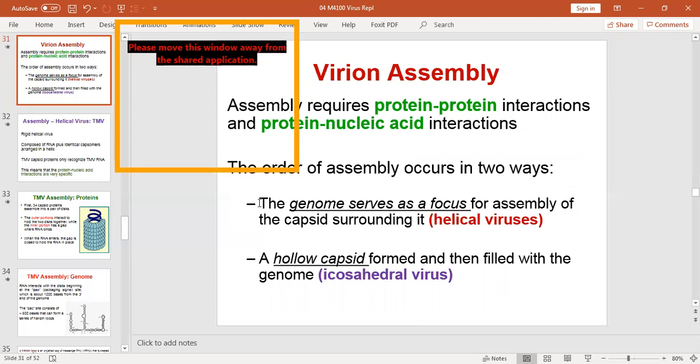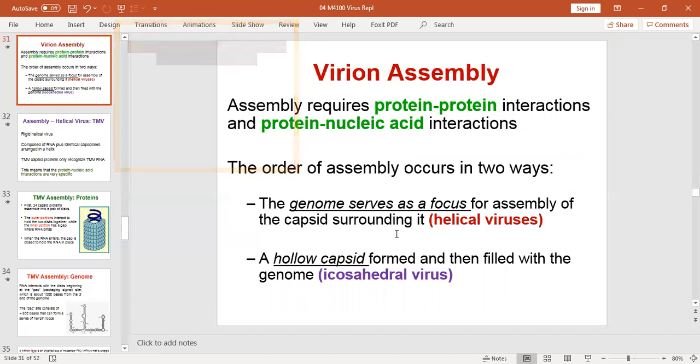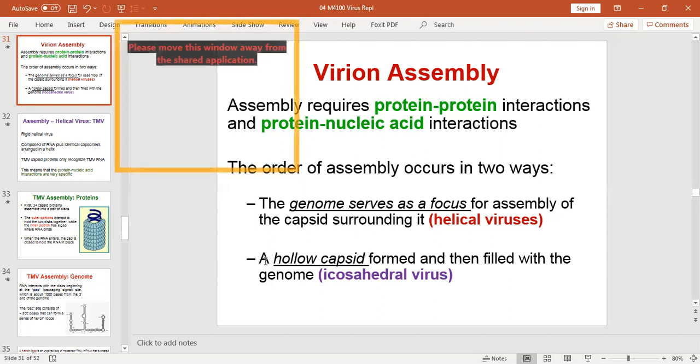One is when the genome serves as a focus for assembly of the capsids surrounding it, and this results in the formation of helical viruses. Or sometimes, as seen in icosahedral viruses, a hollow capsid is formed and then it's filled with the genome.